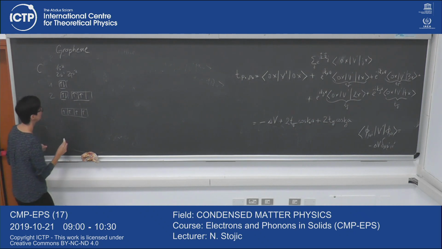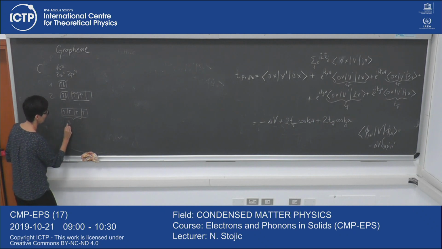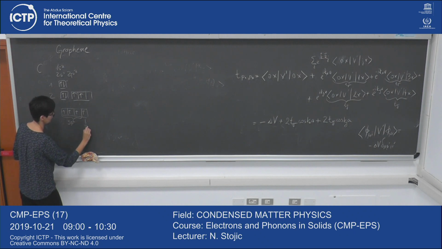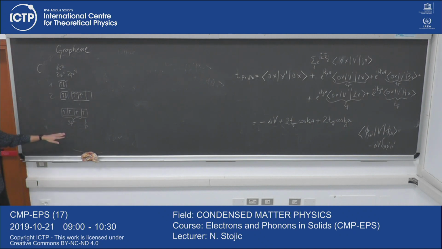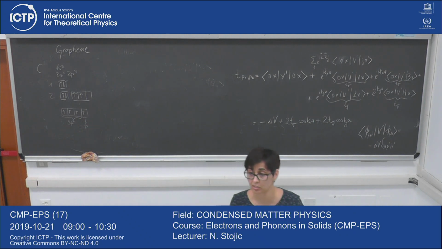It will form 3 sp2 bonds and 1 p orbital. It creates a special type of orbital, produced by hybridization of s and p.